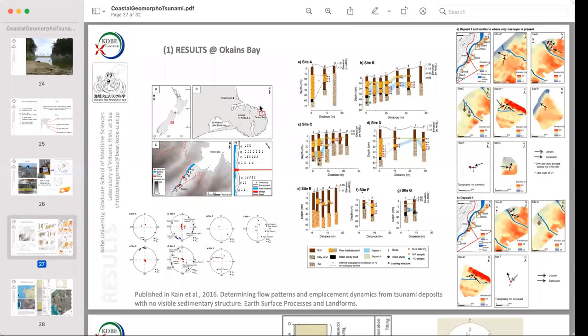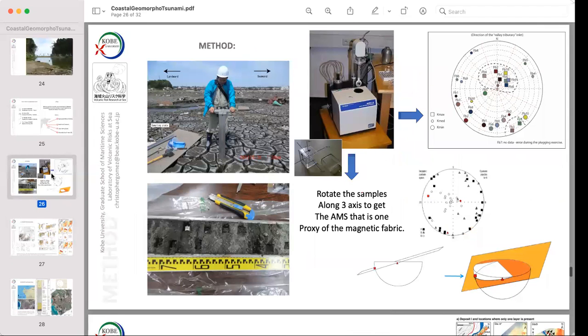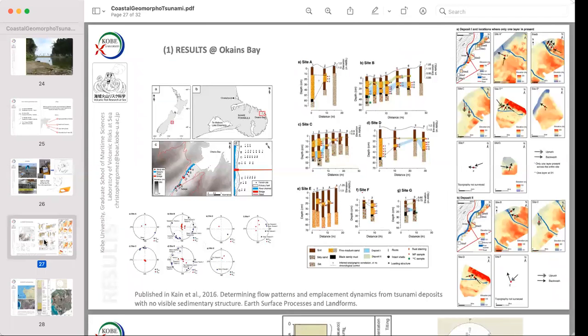And one of the research we did with a colleague of mine and some students who were driving the research was to look in this location in Hawke's Bay, take series of cores and data from outcrop like these ones here. And from that, we did the same measurement on the sediment to try to understand how the wave and the tsunami and the water went up that small bay.